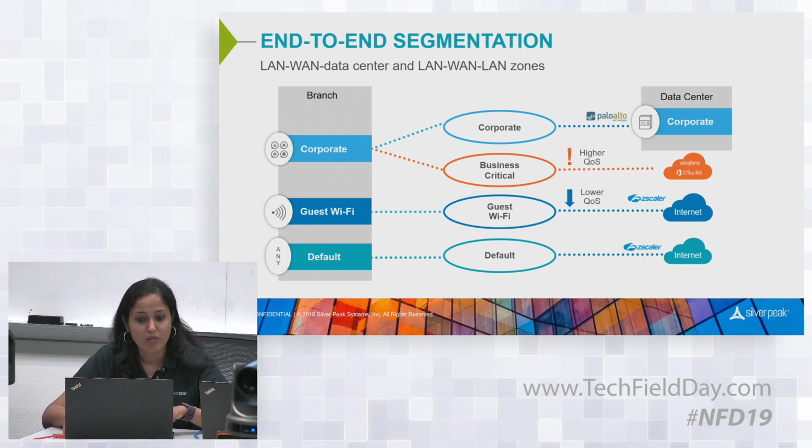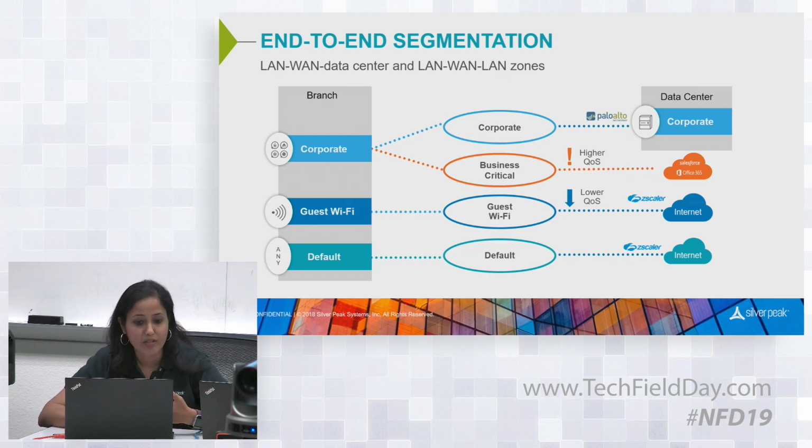Damon talked about end-to-end segmentation. Traditionally, in firewalls, we have the trust and the untrust zone, but that's not the only thing when it comes to SD-WAN, because SD-WAN has the concept of the LAN, the WAN, and data center and cloud apps. So what we've tried to do is stitch it all together.